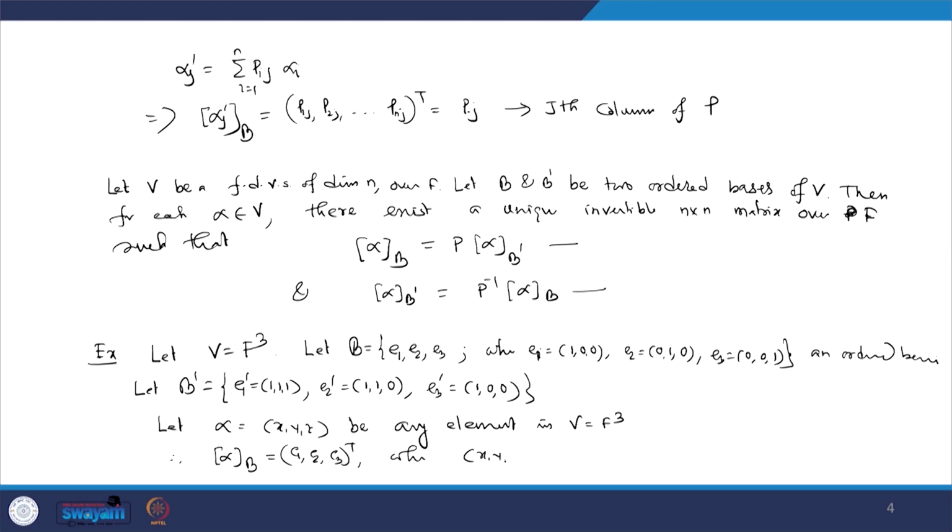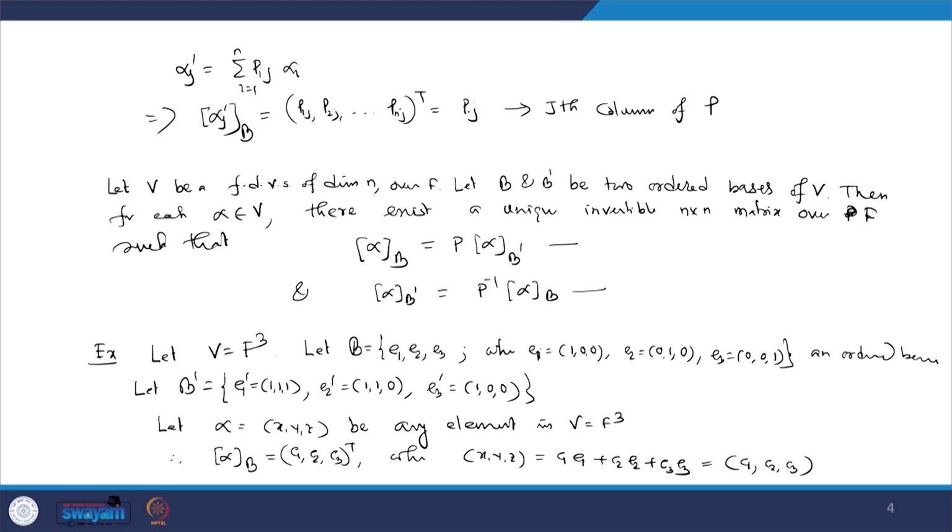(x, y, z) equals C1 E1 plus C2 E2 plus C3 E3. If I simplify this, E1 equals (1, 0, 0), E2 is equal to (0, 1, 0), E3 equal to (0, 0, 1).